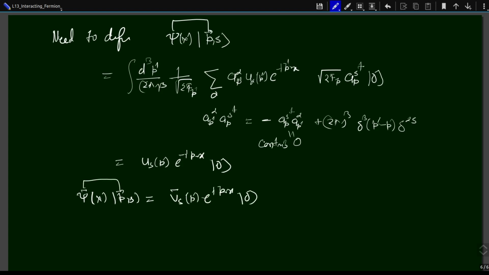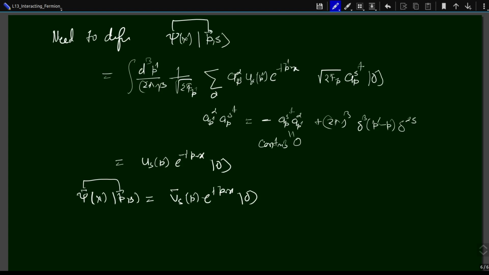So if psi bar contracts with the initial state, it is basically creating an antiparticle in the initial state. I have an initial state with antiparticle, then it requires psi bar contracting with that initial state. Okay, so this is what I'm getting: when a field contracts with another field, I get a propagator. When a field contracts with this initial particle state, I get the wave function.